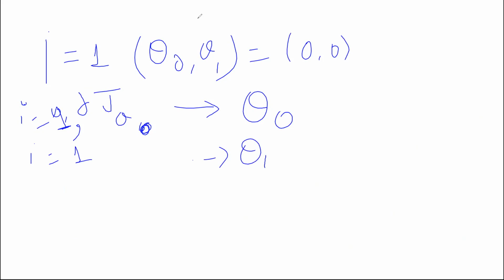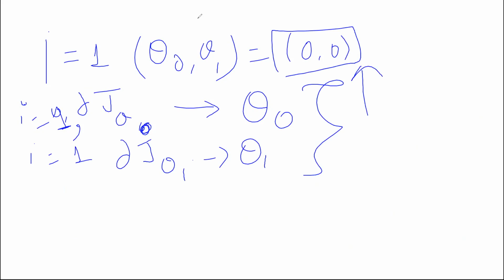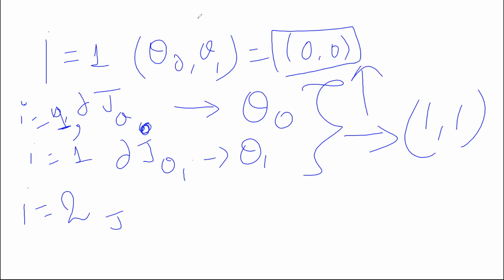We have to update both, and the updates are based on the 0, 0 values of theta naught and theta 1. Just imagine at this point we have updated values and we get 1 and 1 for theta naught and theta 1. Now your next iteration comes, i equal to 2, and you will find both the derivatives of J with respect to theta naught and theta 1.